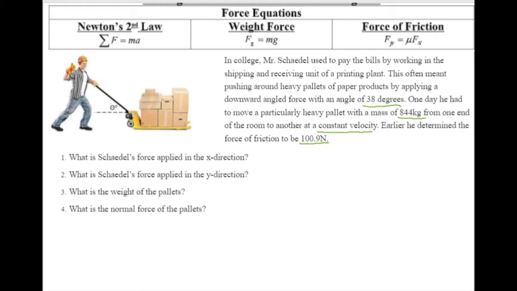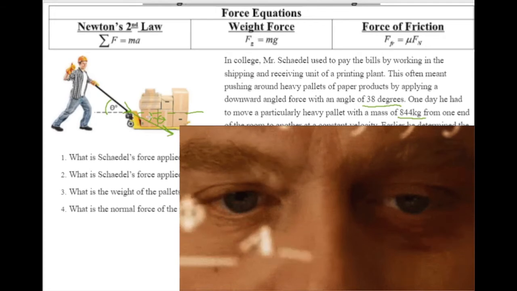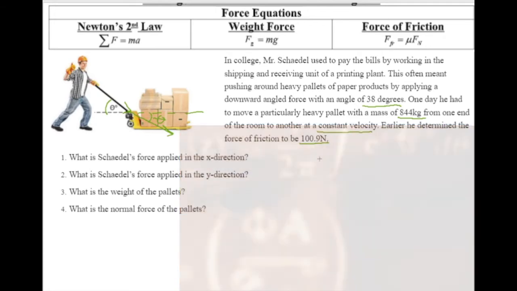So over here, we can see that he's pushing down on this pallet, creating an angle with the horizontal. Let's bring that out over here so we can really see what's happening.